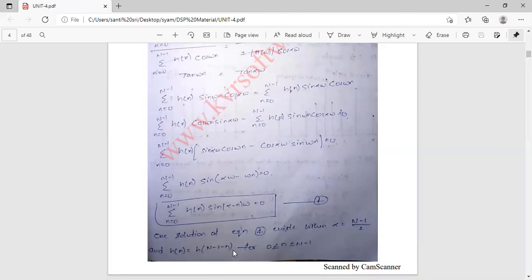Okay, h(n) equal to h(N minus 1 minus n), for 0 less than or equal to n less than or equal to N minus 1.